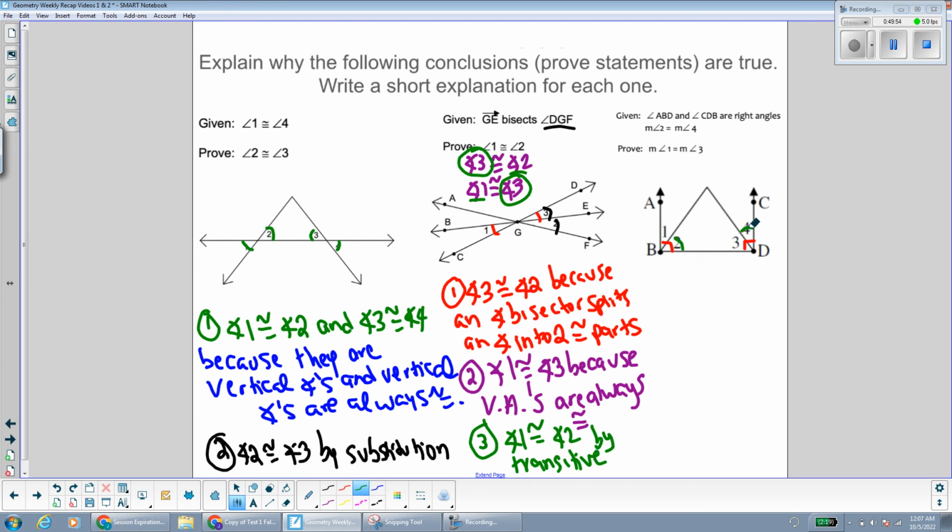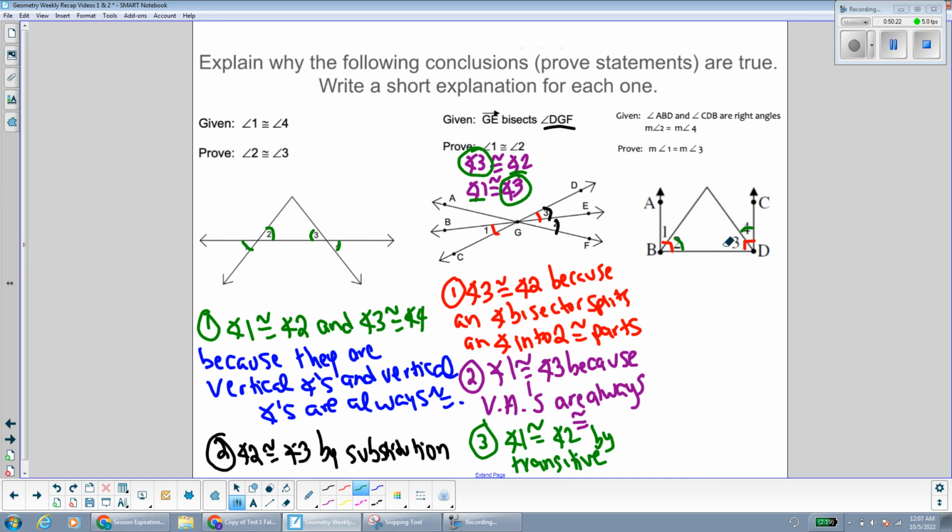What we need to show is that the measure of angle 1 is equal to the measure of angle 3. 2 ways that we can do this. We can either use the subtraction postulate, we can take the 90-degree angle minus angle 2 to give us angle 1. And we can take the 90-degree angle and minus angle 4 to give us angle 3.